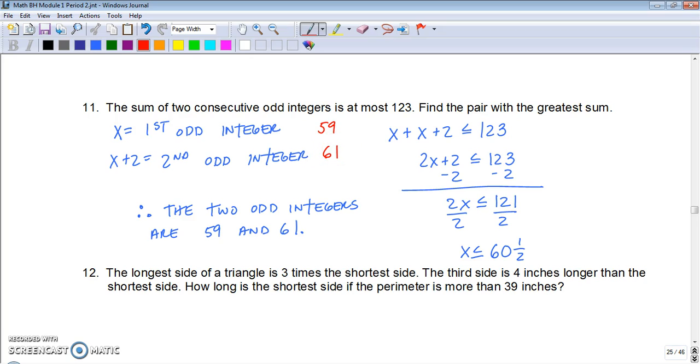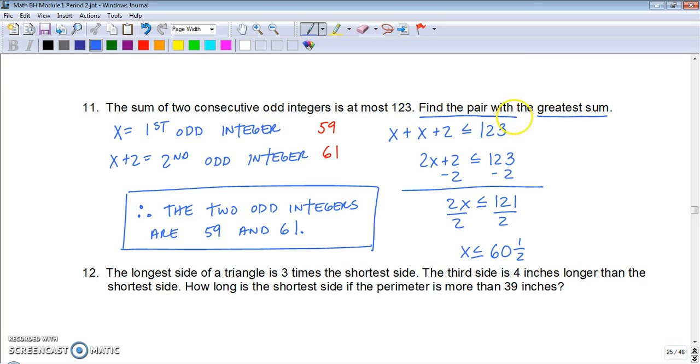And 59 plus 61 would be less than 123. It did say to find the pair with the greatest sum, so that would be the greatest pair. 57 and 59 would not be the greatest pair, although it would be less than 123.